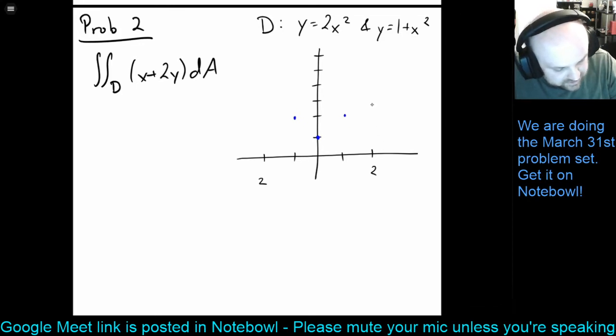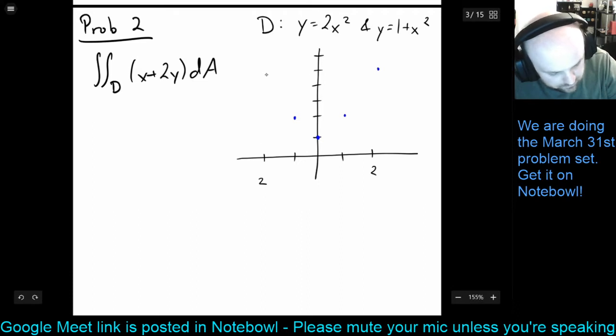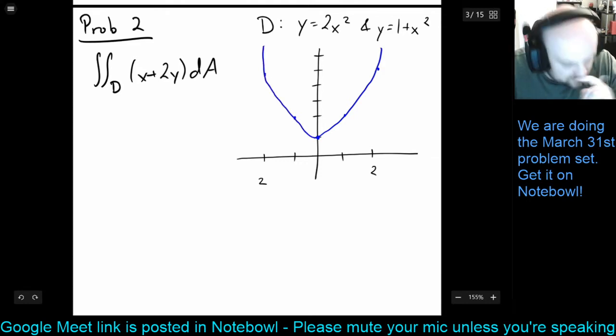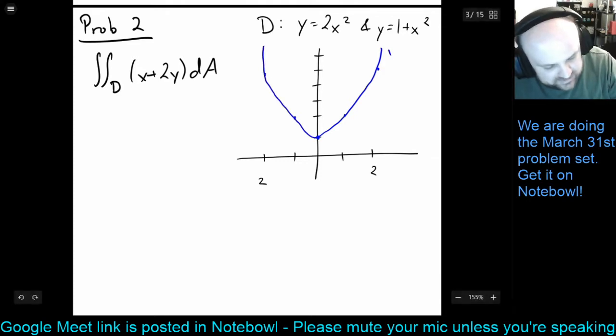And then at 2, it's 2, 3, 4, 5. Kind of a bad drawing, but this is y equals 1 plus x squared.